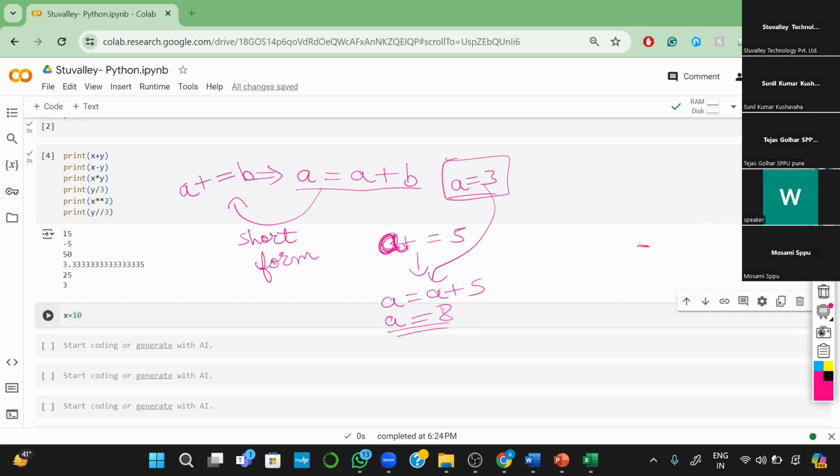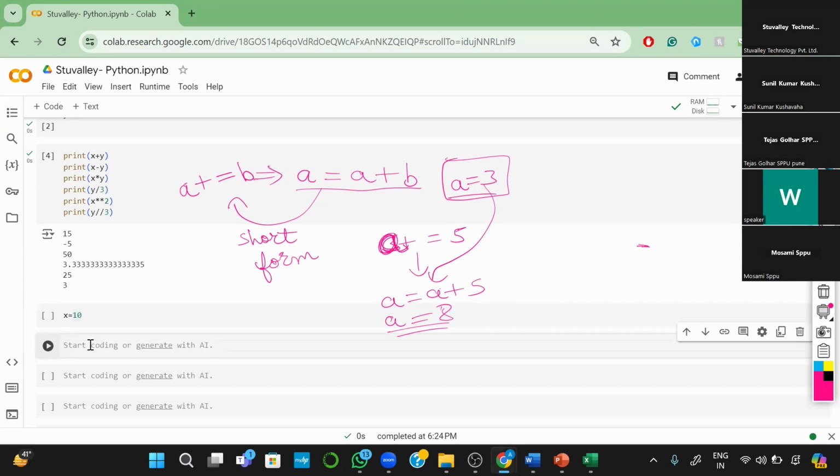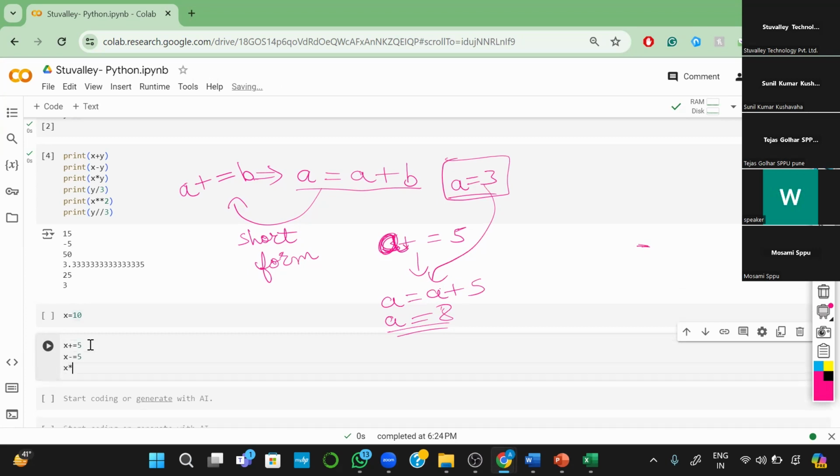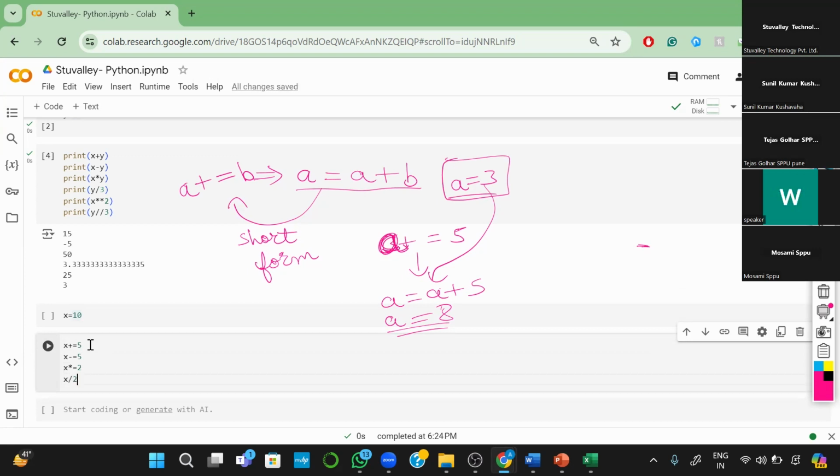Now, if you are clear with this, can you give me the output of these values? Let's say we have x += 5, x -= 5, x *= 2, x /= 4, x **= 2.